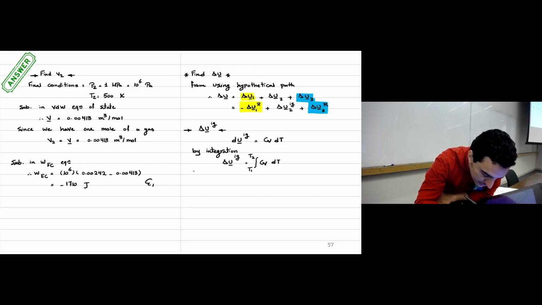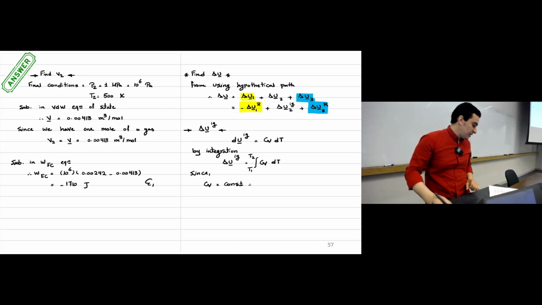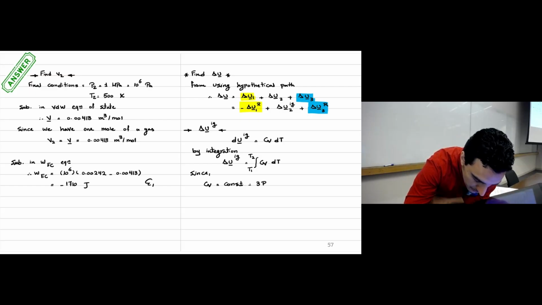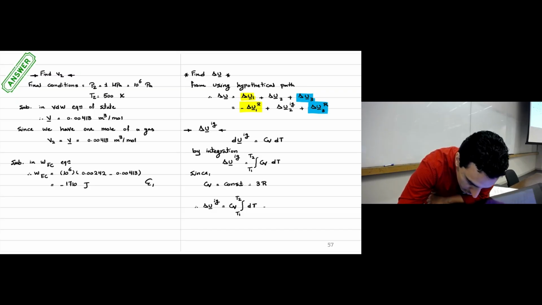In this problem, CV is constant and its value is equivalent to 3R, so this was given. So delta U of ideal gas is CV times the integration from T1 to T2 of dT, so this will be CV times (T2 minus T1).